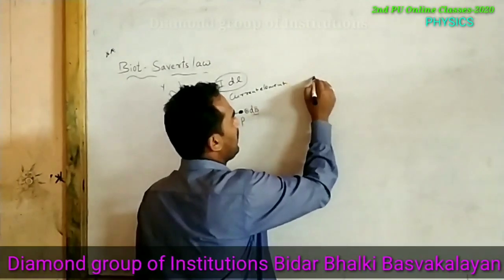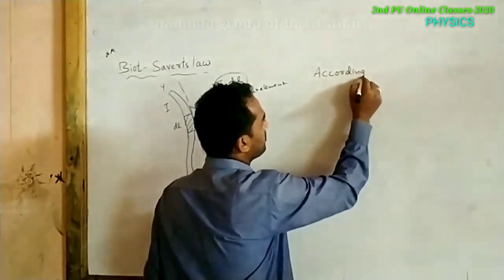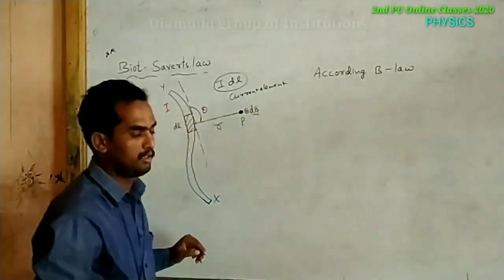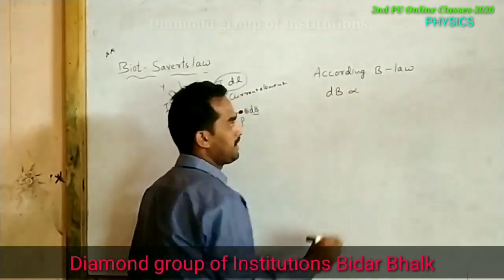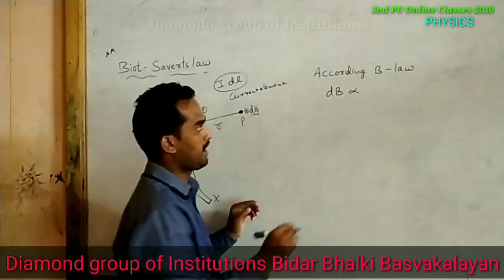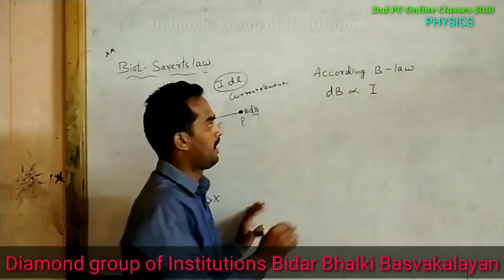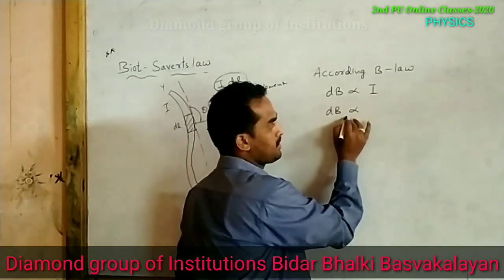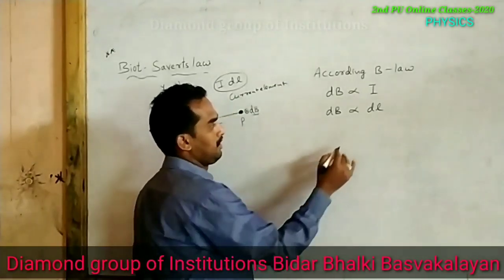So now according to Biot-Savart's law, the magnitude of the magnetic field is directly proportional to I, the strength of current, and directly proportional to the length.